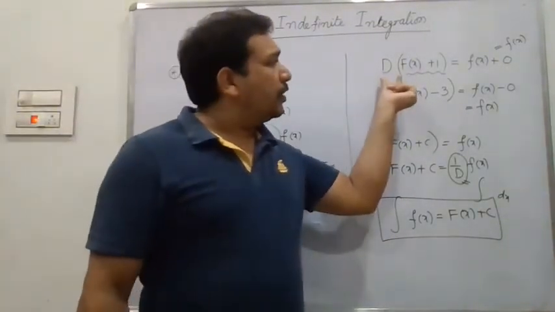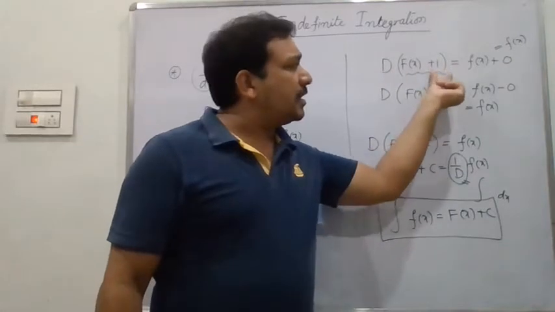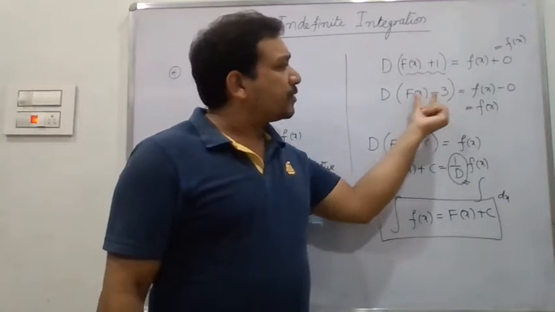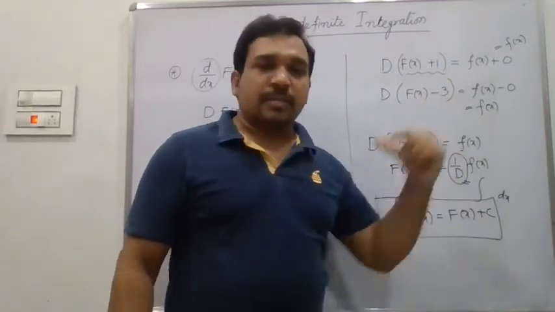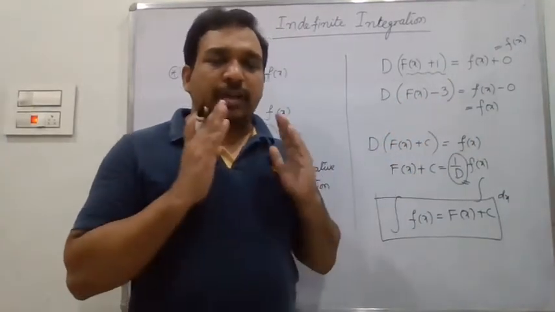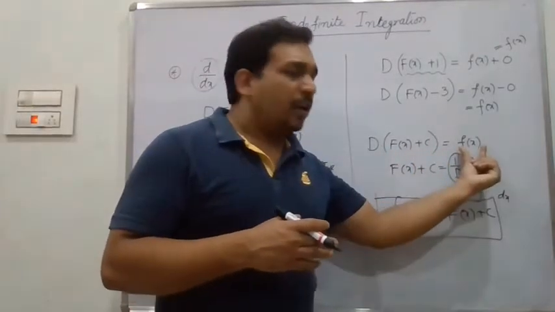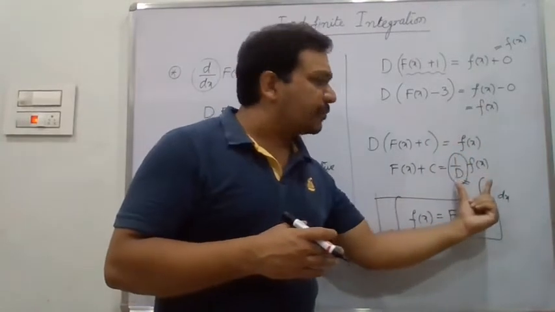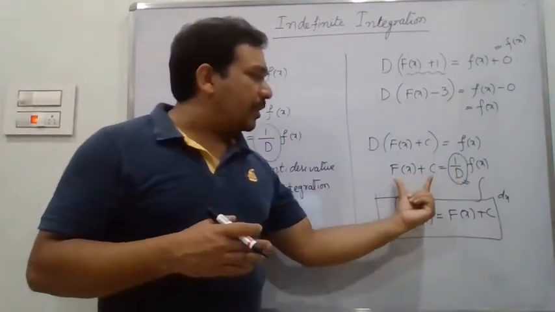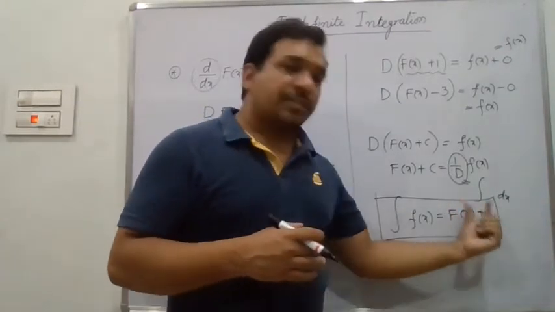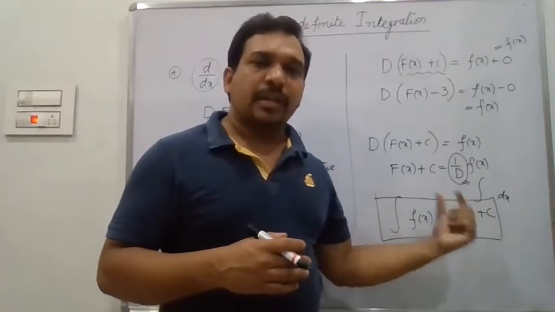If you do the derivative of capital F of x plus a constant, or capital F of x minus a constant, you also get small f of x. That's why the antiderivative of small f of x is capital F of x plus c. So what about this c? If c is there for the function and if c is not there, then what happens?